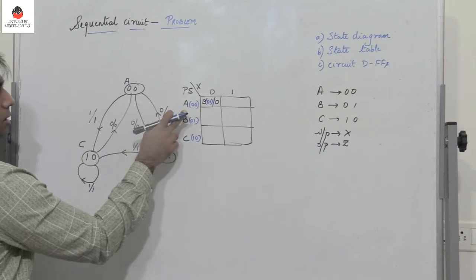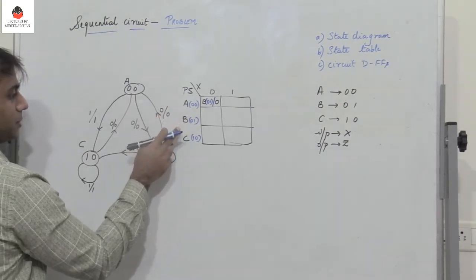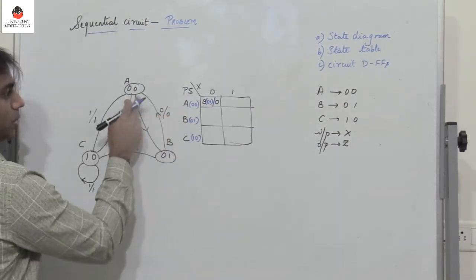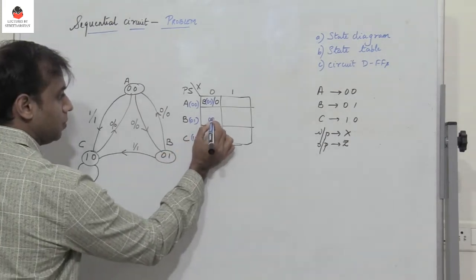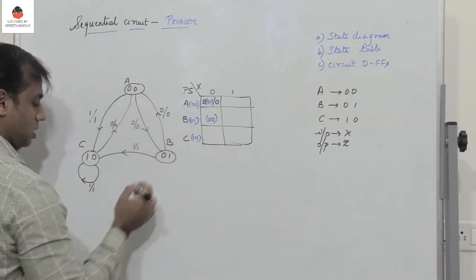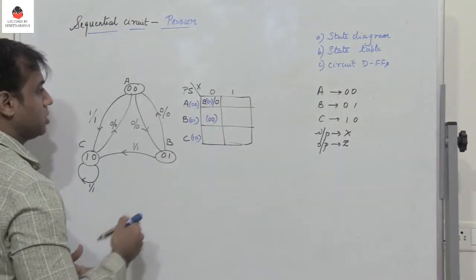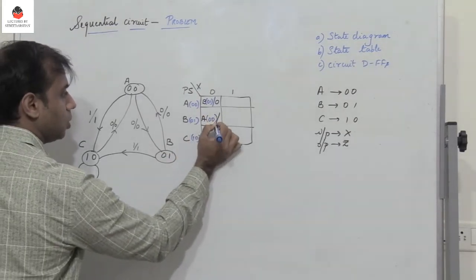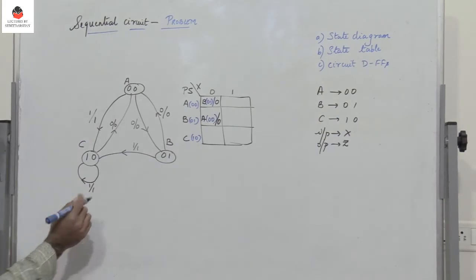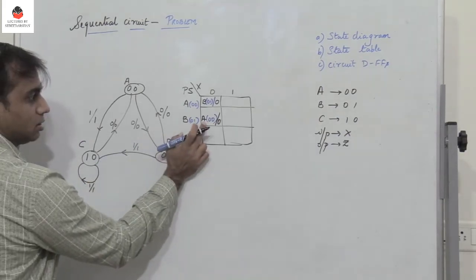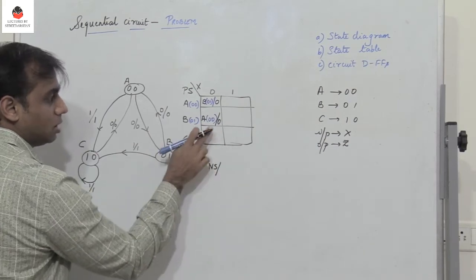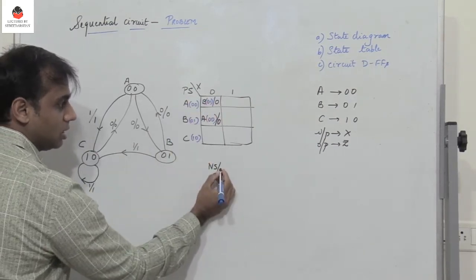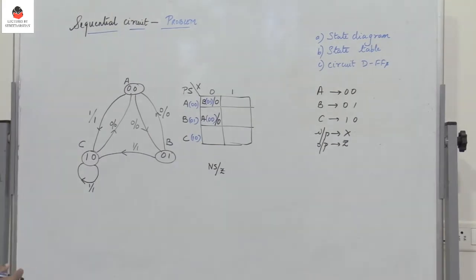Now if we are in state B and the input is 0, we go back to state A. So state A is 0 0 and the output is 0 itself. Right? So this indicates the next state, and the bit after the slash indicates the output Z.